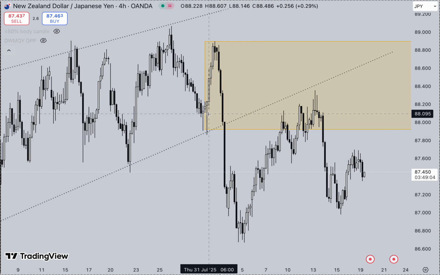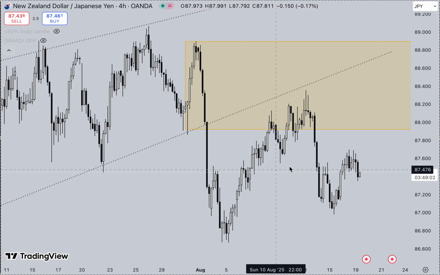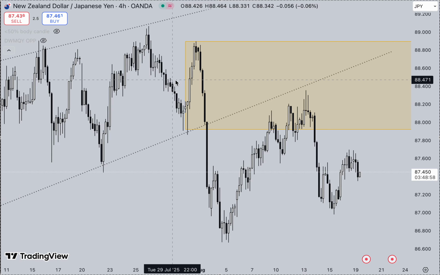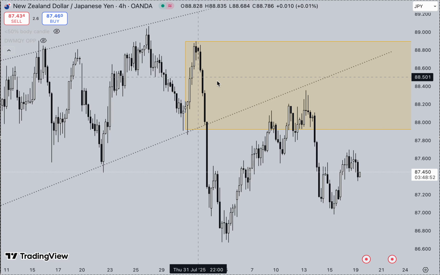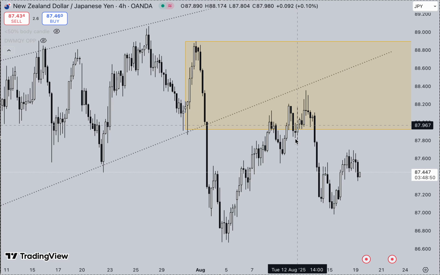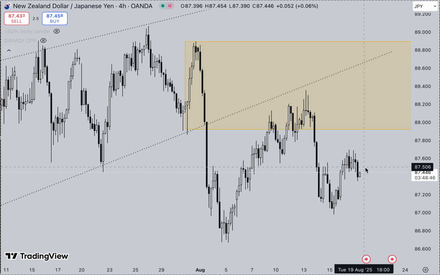AUD was just cleaner. But we came in here, swept the highs, respected this gap, this fair value gap, for the people who traded inside the supply range, and then boom, we just pushed down and started to sell.